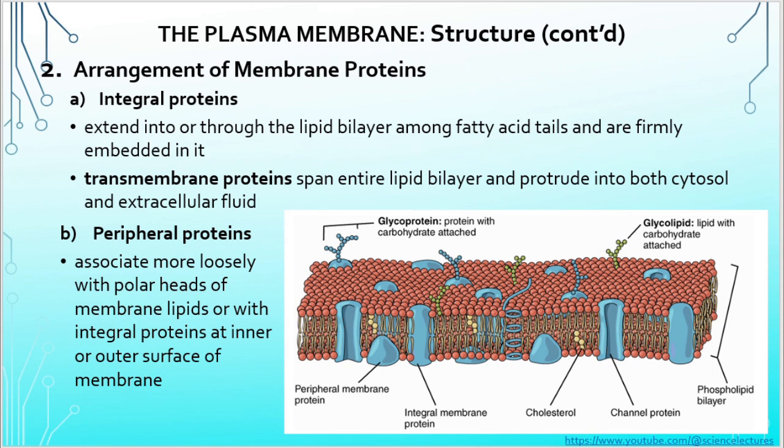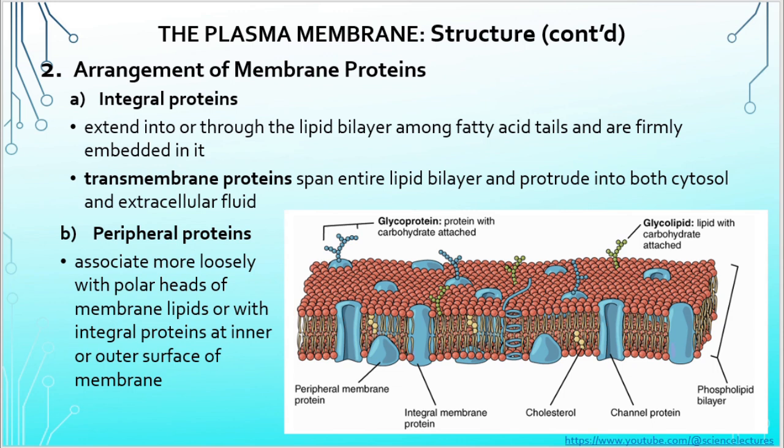As the name implies, peripheral proteins are not as firmly embedded in the membrane. They associate more loosely with the polar heads of the membrane lipids, or with integral proteins at the inner or outer surface of the membrane. Many membrane proteins are glycoproteins.